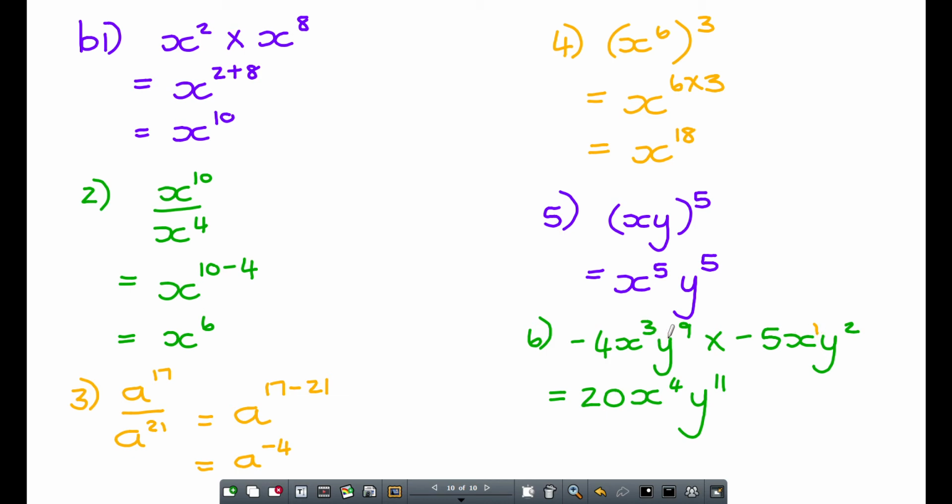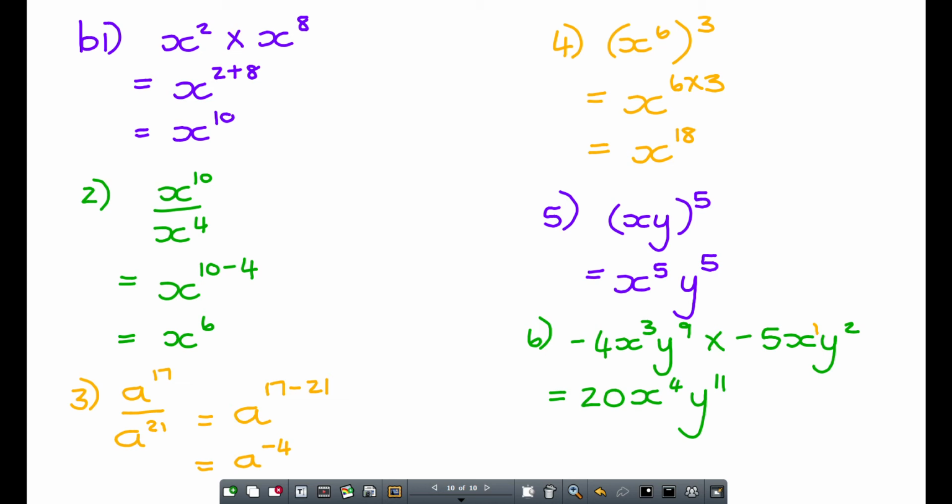So the 3 plus the 1 gave me x to the power of 4. Then look at the y's. y to the power of 9 times y to the power of 2. Again, base is the same, and we're multiplying, so I'm going to add those two exponents. So the 9 plus the 2 gave me y to the power of 11.